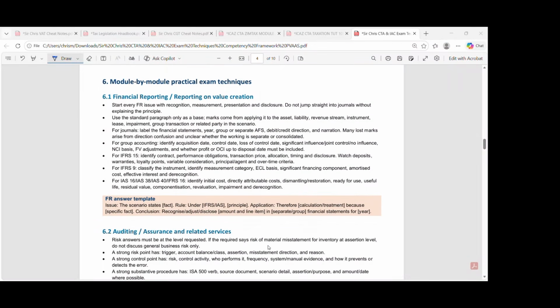Then subsequent measurement: para 29 deals with subsequent measurement of the right-of-use asset, your depreciation. Para 36 deals with subsequent measurement of the lease liability. Paras 39 to 43 deal with reassessment of the lease. Do you appreciate and understand that?